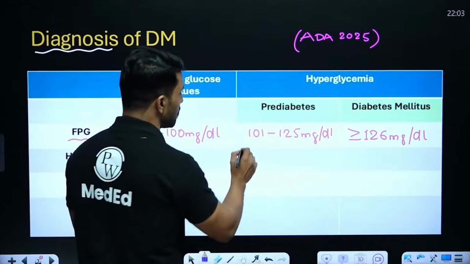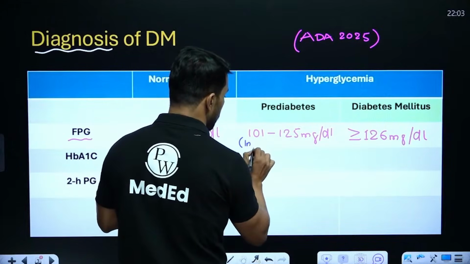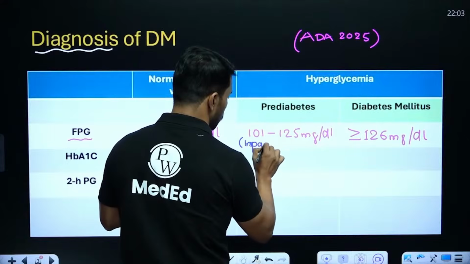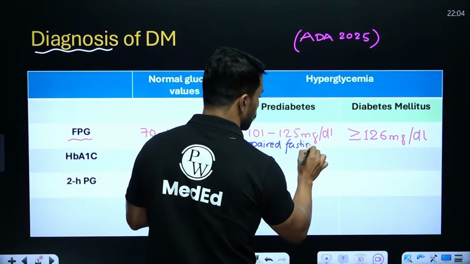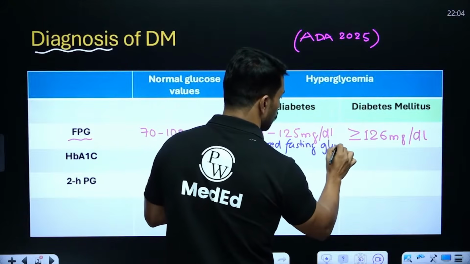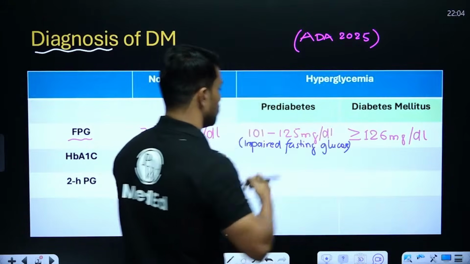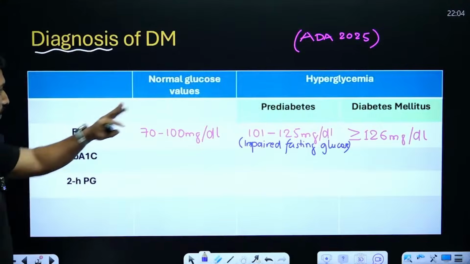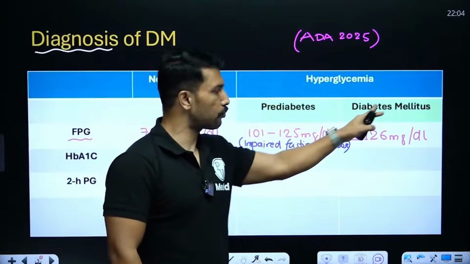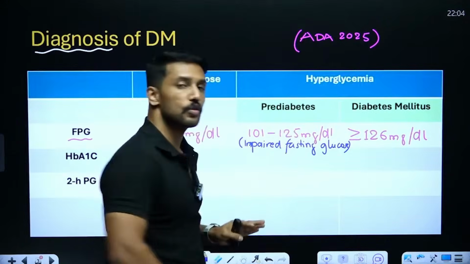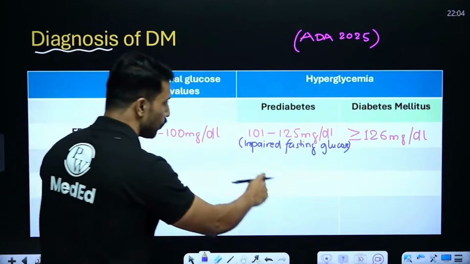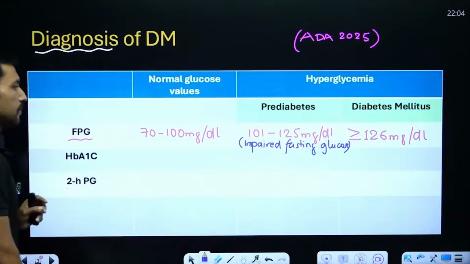So we'll call these patients as having impaired fasting glucose, or IFG. Okay. Now this pre-diabetes has a tendency to progress towards diabetes. So that doesn't mean that if I have this blood glucose value, I'm absolutely safe. I'm slowly going to progress towards diabetes mellitus.